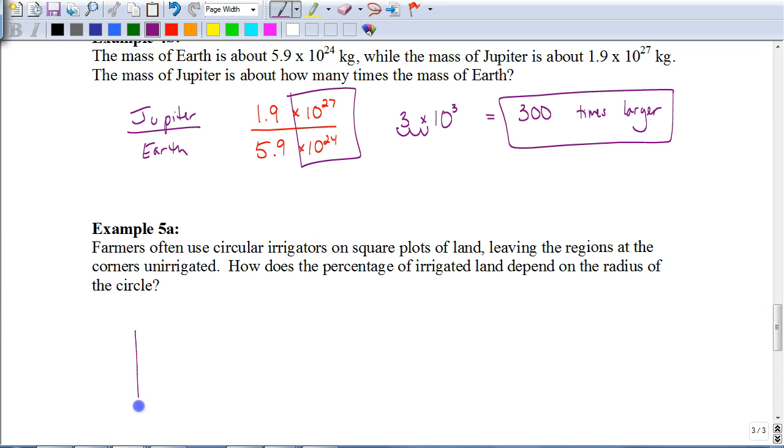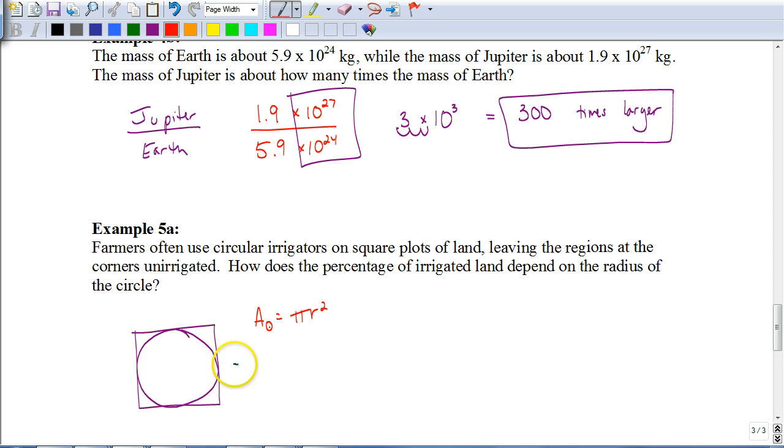So let's have a diagram. If you think about how to find the area of a circle, the area of a circle is pi times the radius squared.